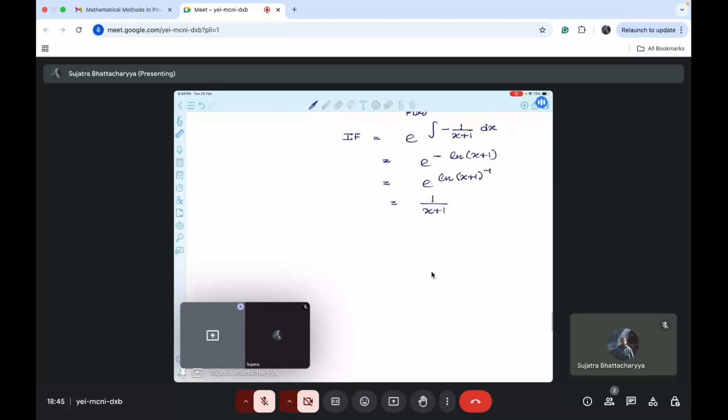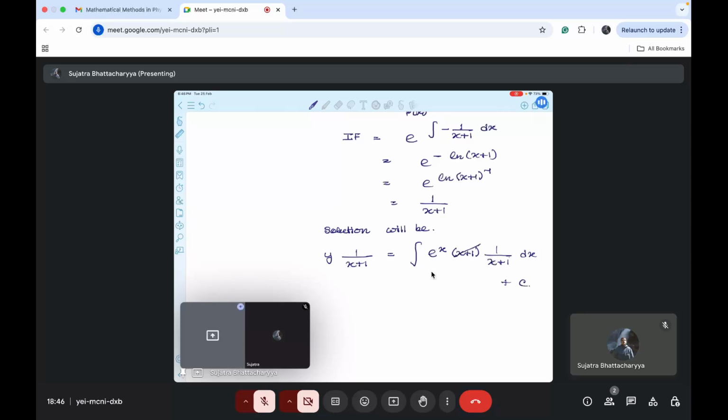Then what will be the solution, as I have already told? The solution will be y times the integrating factor 1/(x + 1) is equal to, on the right hand side, the integral of Q(x), which is e^x (x + 1), times the integrating factor 1/(x + 1) dx, plus some constant c, because this is an indefinite integral, that's why the constant is required.